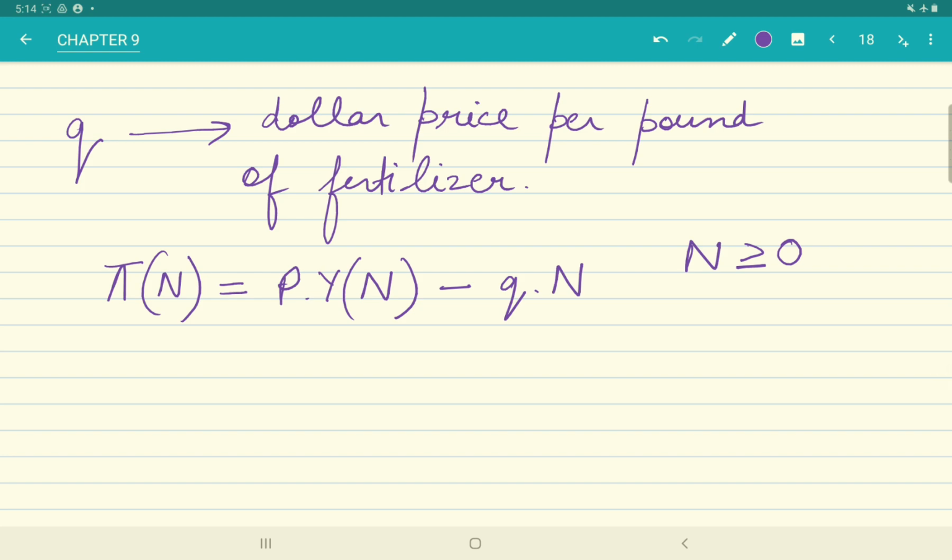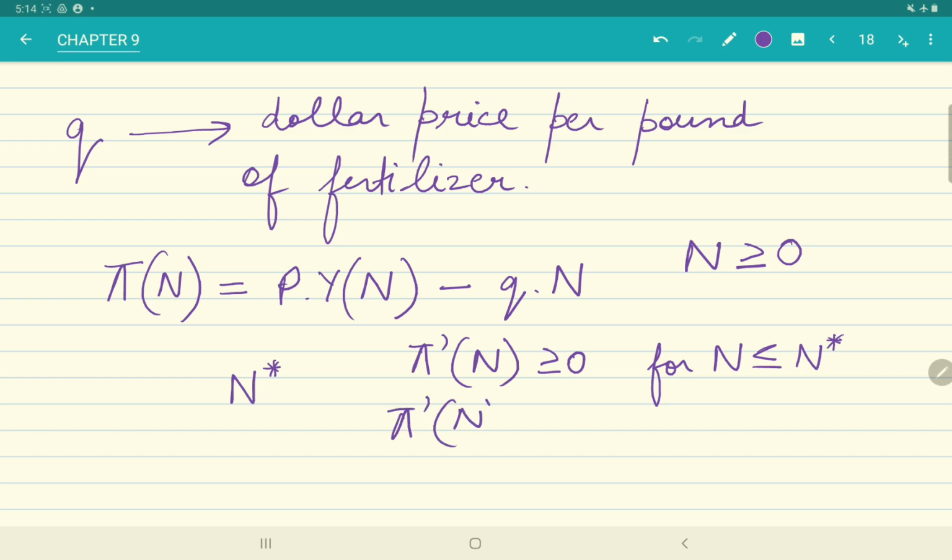Now let us say we've still not formulated the question. Let us say here we have some n star, and for this n star, pi prime n is greater than or equal to 0 for n less than or equal to n star, and pi prime n is less than or equal to 0 for n greater than or equal to n star.